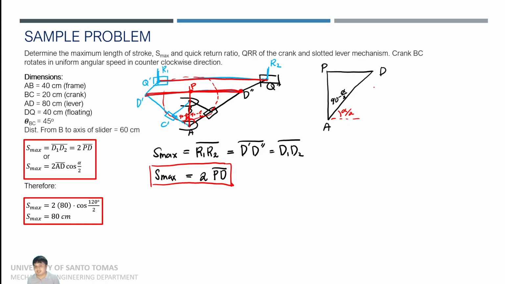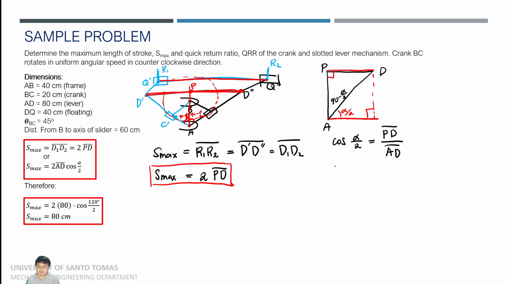So we can also write this in this form. We know that this is a right triangle, therefore we can use cosine to determine PD, which is this length here, which is also the same length as here. So cosine alpha over 2 is equal to the line PD over the line AD.